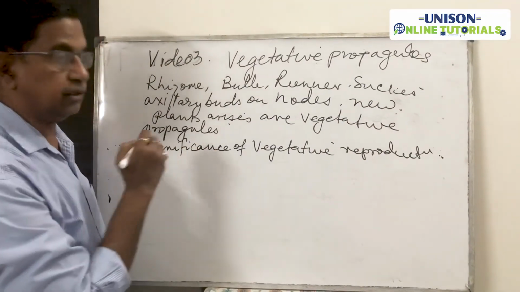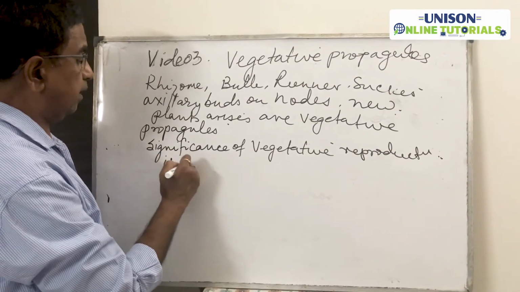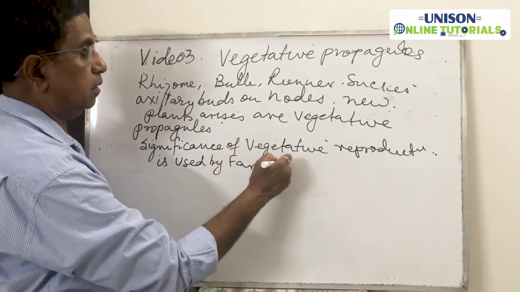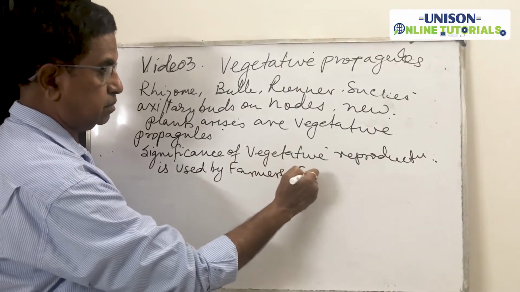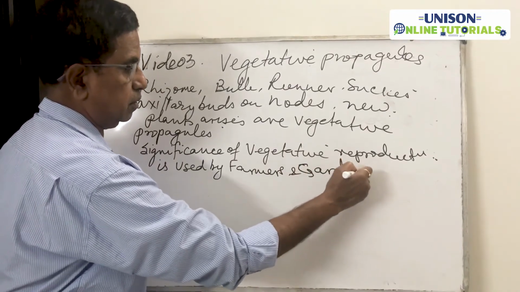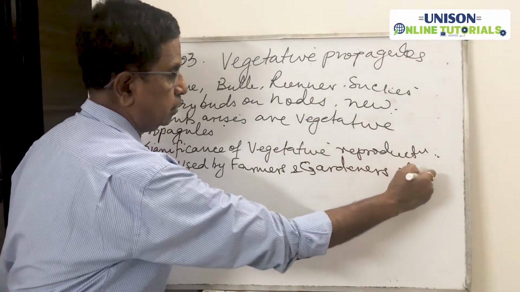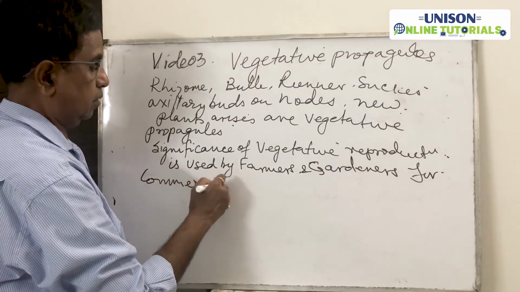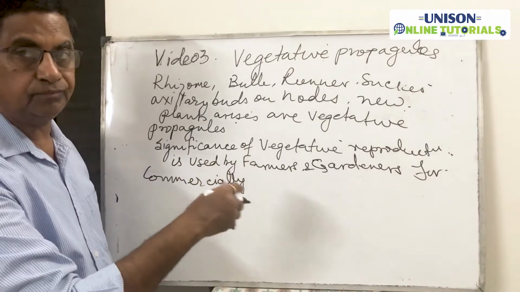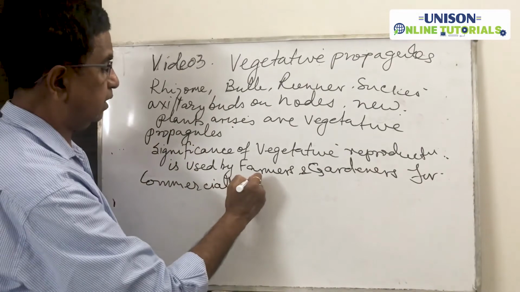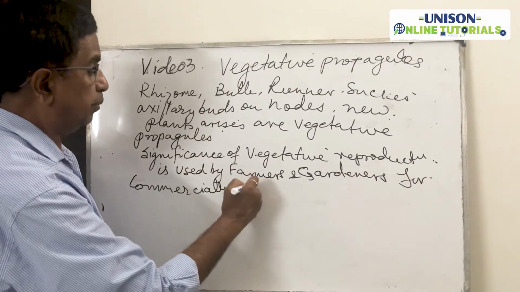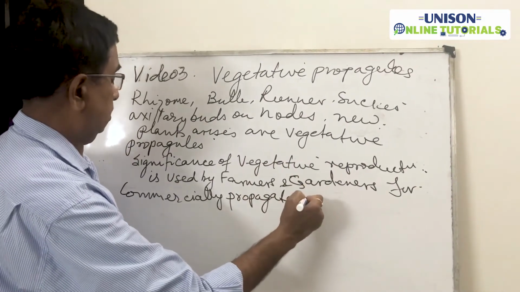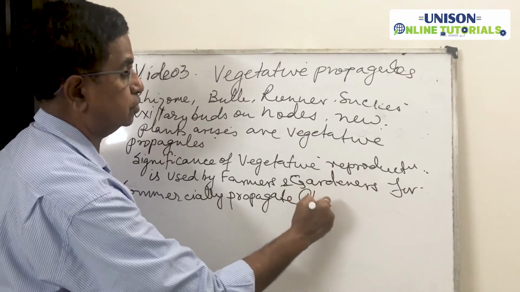Vegetative reproduction is used by farmers and gardeners to commercially propagate plants, meaning for business or income purposes.